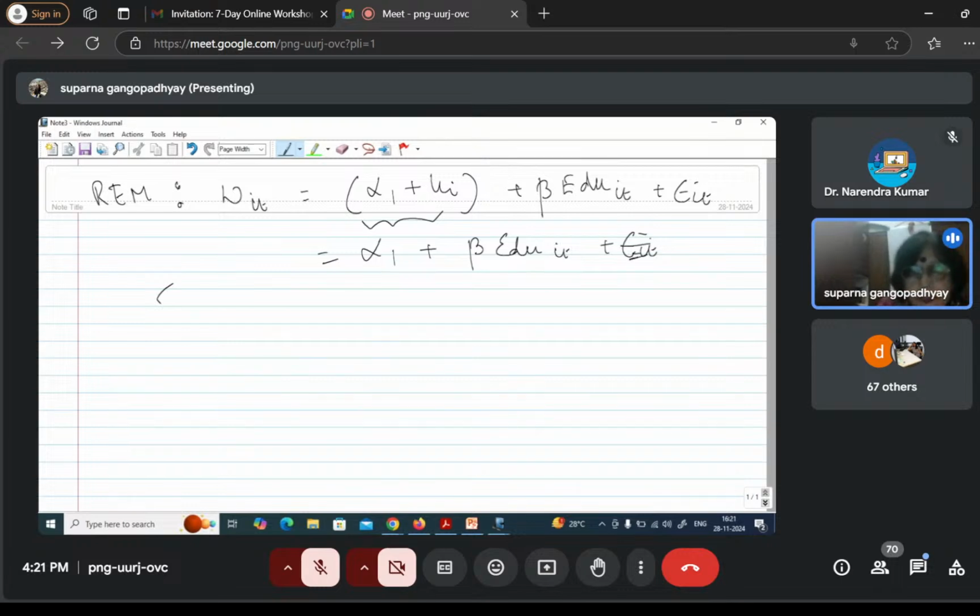I'm sorry, not epsilon, write this: alpha 1 plus mu 1, say. Take these two. Write it as vi, where vit equal to ui plus epsilon it. Now, this ui is cross-section specific.